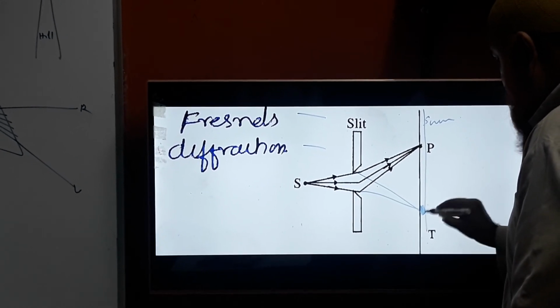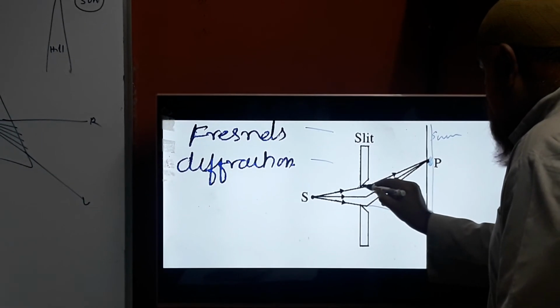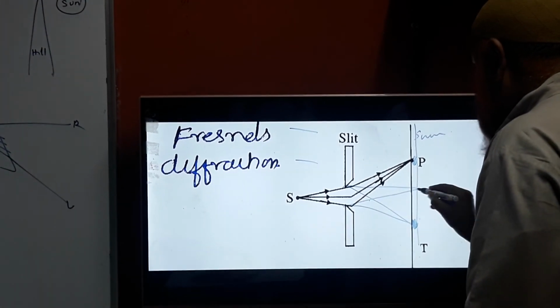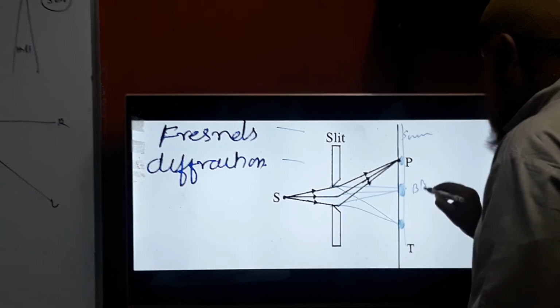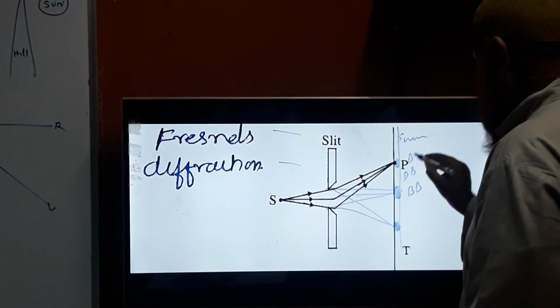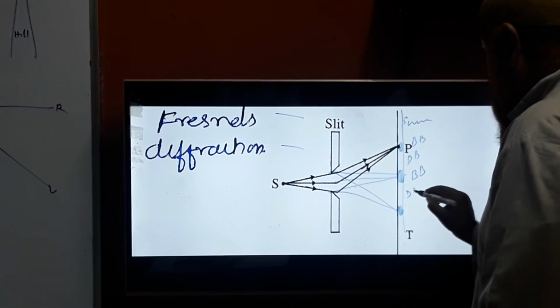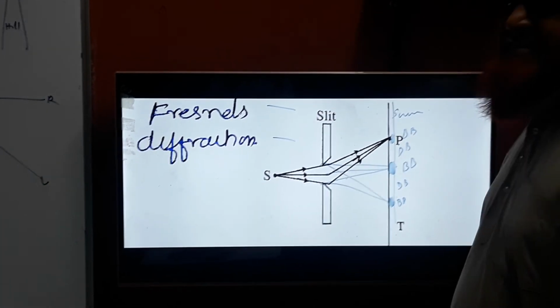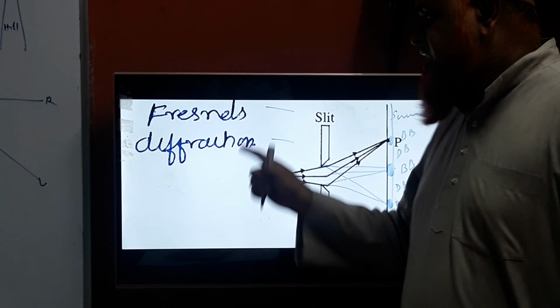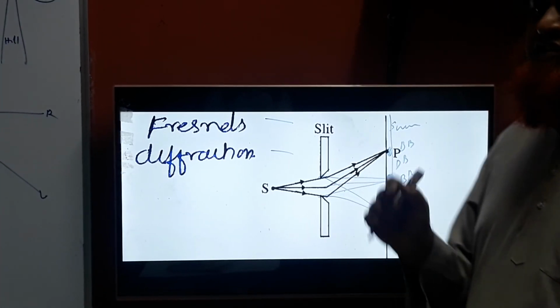Here also you will get a series of dark and bright bands. You are getting a bright band here, and the light ray falls at this place also, so here also you get bright bands. This is a bright band, this is a dark band, this is a bright band, and this is a dark band. A series of dark and bright bands are seen. That is explained by Fresnel's diffraction pattern.